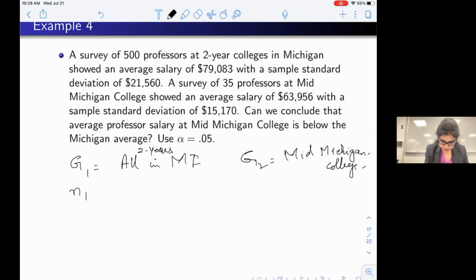So n1, they chose a sample of how many professors? 500 professors from all 2-year colleges in Michigan.